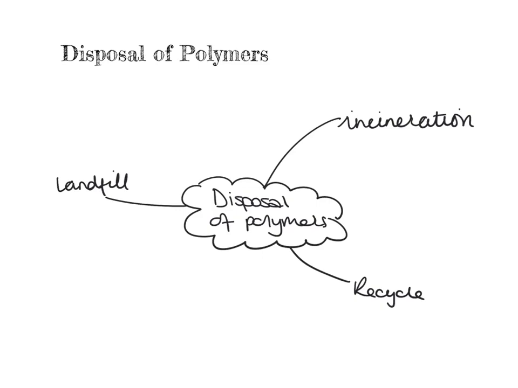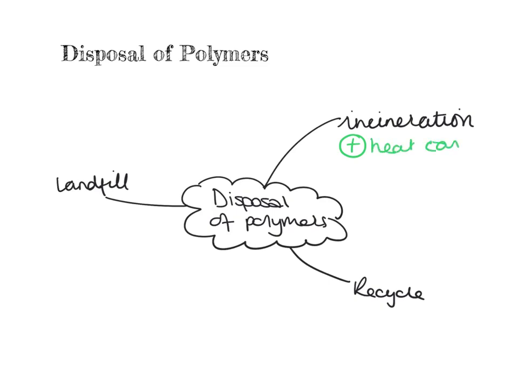Okay, so first of all, we look at incineration, and we'll look at the advantages of incineration. Not many, admittedly, but an advantage of incineration is if you burn the plastics, the heat that is released from the burning plastics, the burning polymers, can be used to generate electricity.